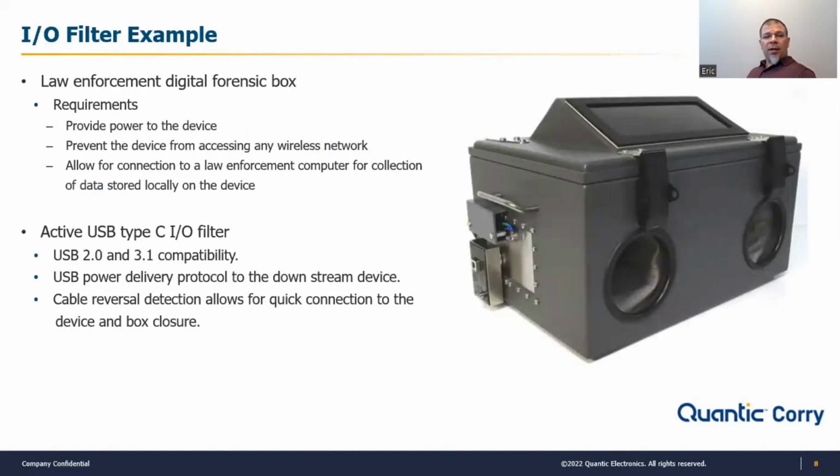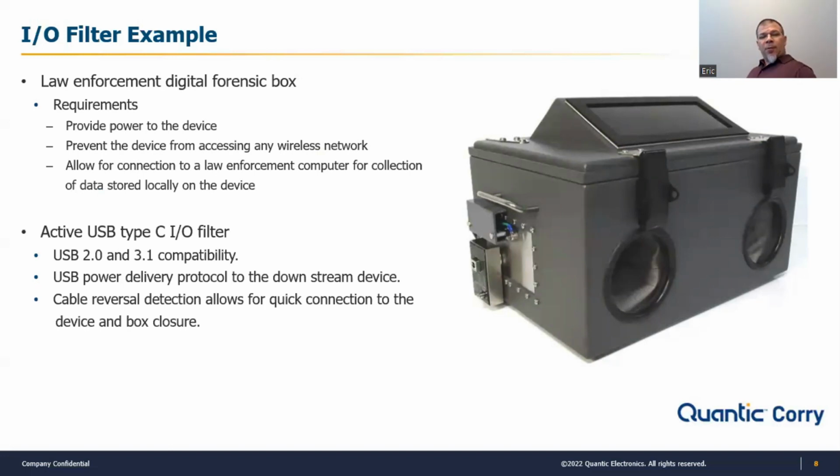Okay, here we go into one of our examples of a law enforcement digital forensic box. This is something that one of our customers might manufacture and place filters on the exterior. As you can see, there are a couple filters on the exterior of this box, as well as some access holes for handling, and a port on top for visualization.